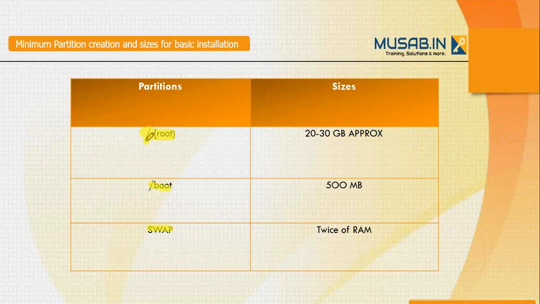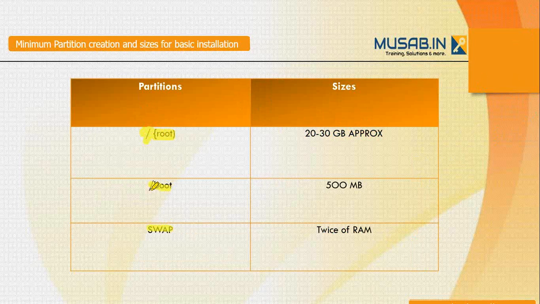Now, if it is containing the whole operating system, obviously we need to give it high space. Approximately 50 to 60% of your available space we will dedicate to root, as it is going to hold your entire operating system. Then we need one more partition called /boot.